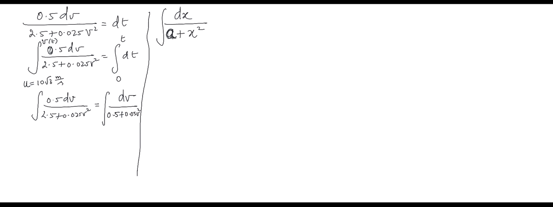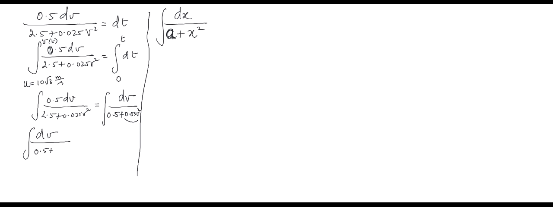Okay. So now you see, we want this whole thing to look like a variable square. Do you get that? So let us do that. The integral of dv divided by this 0.5 plus this quantity is going to be, so let's get the 0.5 factorized.